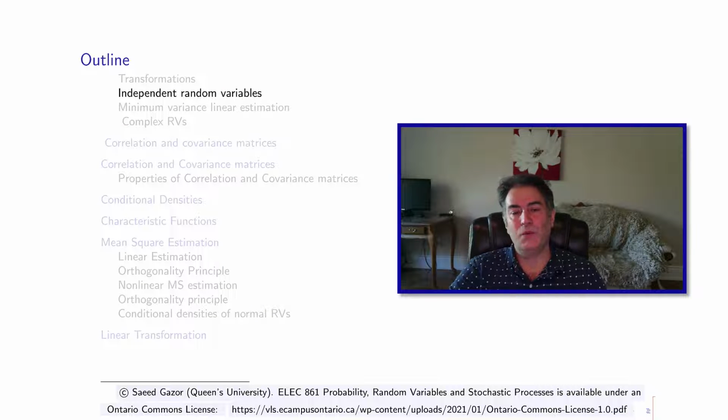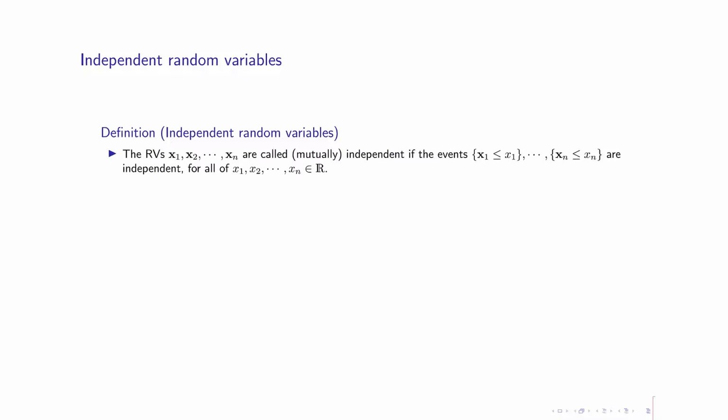Now, here we want to see independence of multiple random variables, and this is just a simple generalization. The definition is that we say a set or sequence of random variables is mutually independent if all the events, where the first one is defined only using X1 and the last one only using the last variable, are independent.